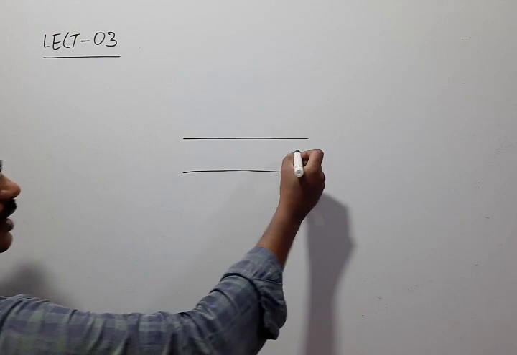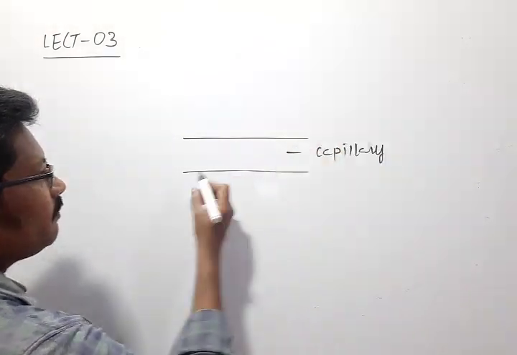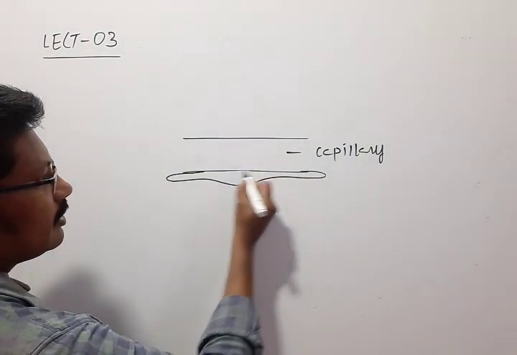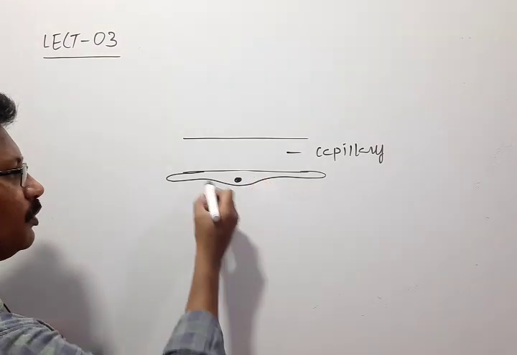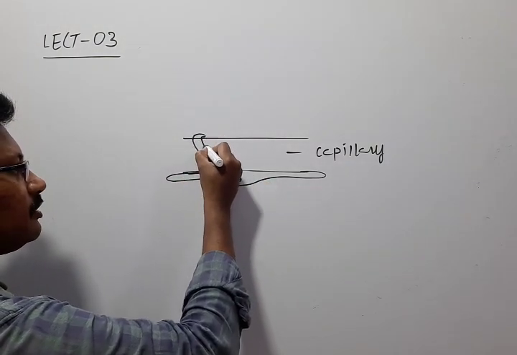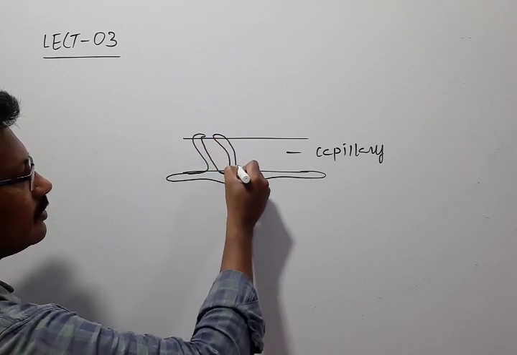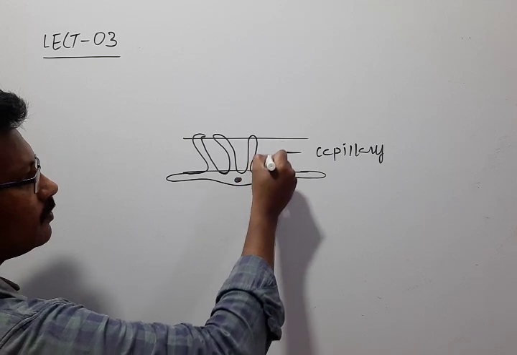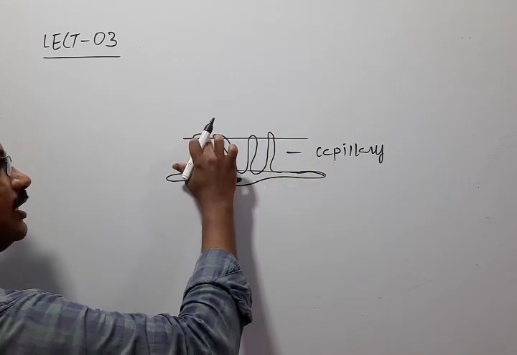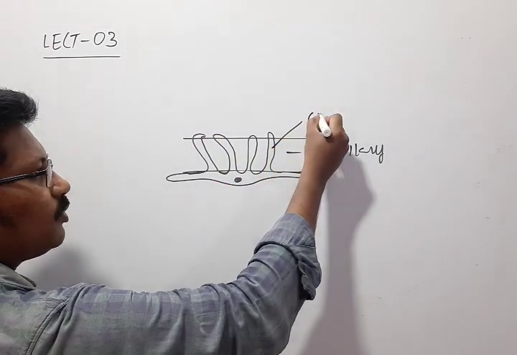So here I take the capillary, and here you will find the nucleus of the podocyte. I'm just drawing, and this is that gap between the cytoplasmic processes.